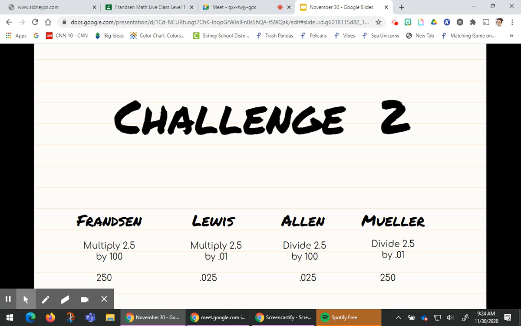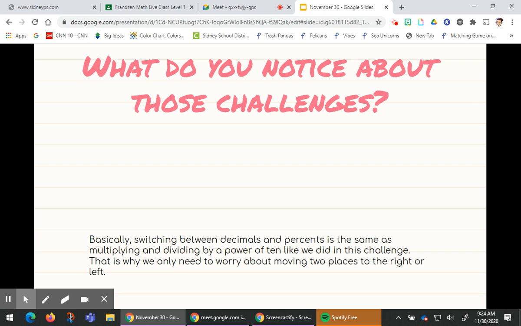And each time we're either multiplying or dividing by 100. So what do we notice about those challenges? Basically, switching between decimals and percents is the same as multiplying and dividing by powers of 10, like we did in the challenge. That is why we only need to worry about moving 2 places, either to the right or the left, when we're dealing with our percent.